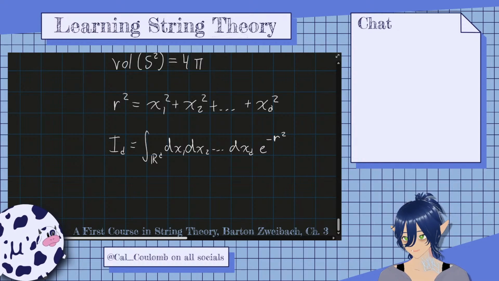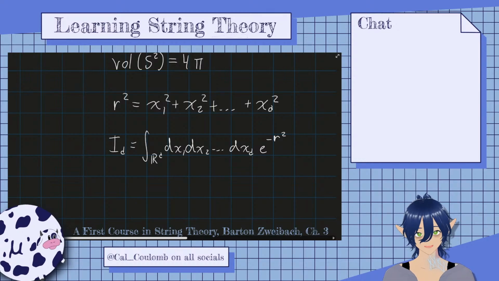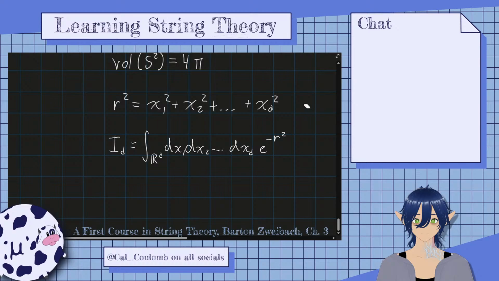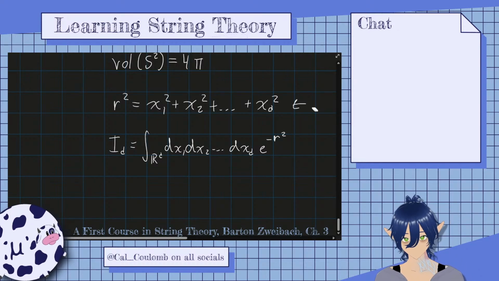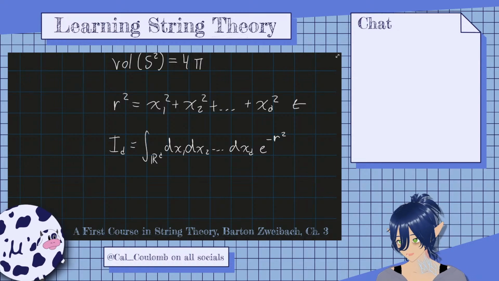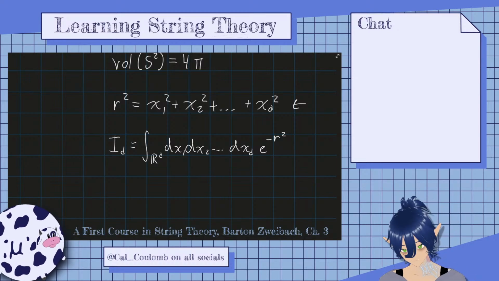First, we proceed directly using 3.46, which is this equation right here. In the exponential factor, the integral becomes a product of d Gaussian integrals.